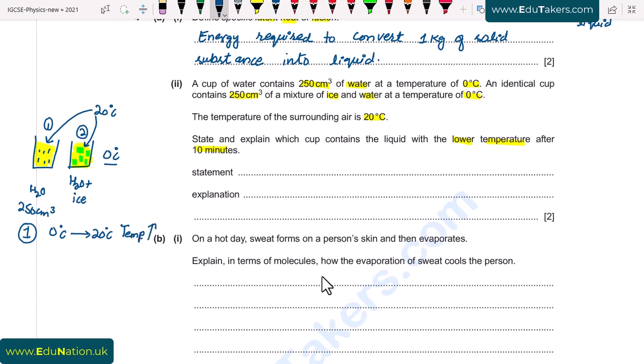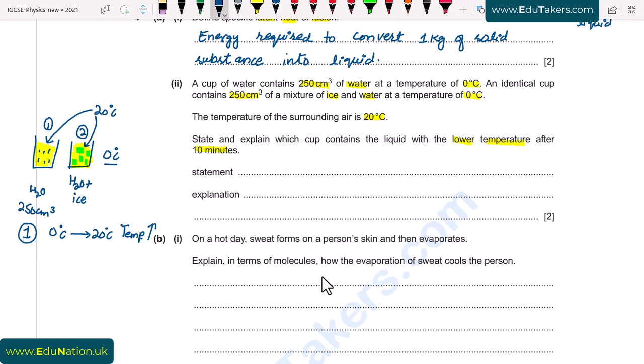But the second cup is a mixture of water and ice, which is solid and liquid. So when this mixture gains energy from outside, this energy is used to change the phase. That means the energy is used to change the solid into liquid, or melting for ice.